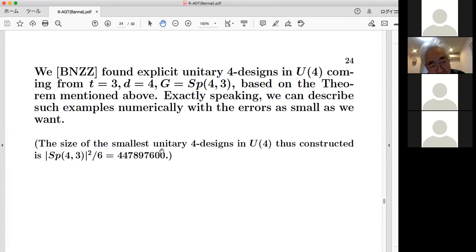The size of the smallest unitary 4 designs in U4 thus obtained is actually this big number now. And this is a bit away from the Fisher type lower bound, but we really don't know how much we can reduce these bounds. Okay, anyway, unitary 4 designs in U of 4 were constructed.